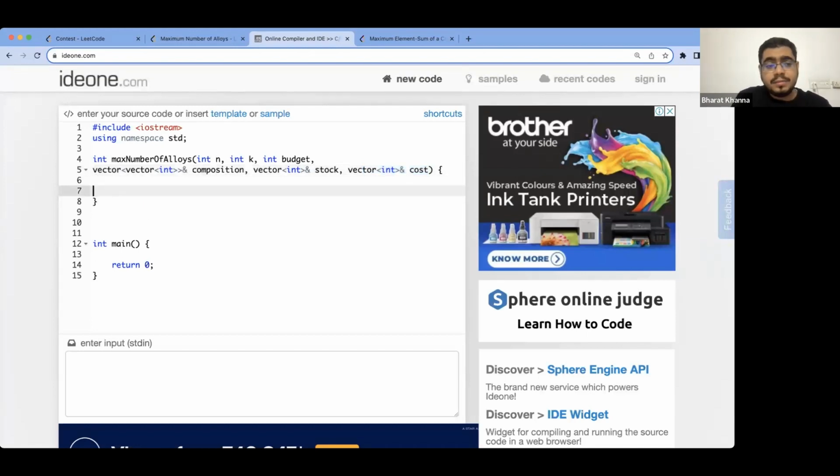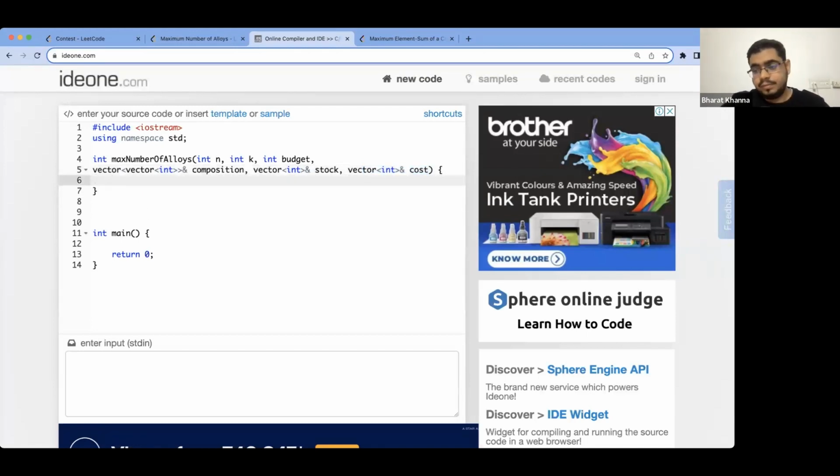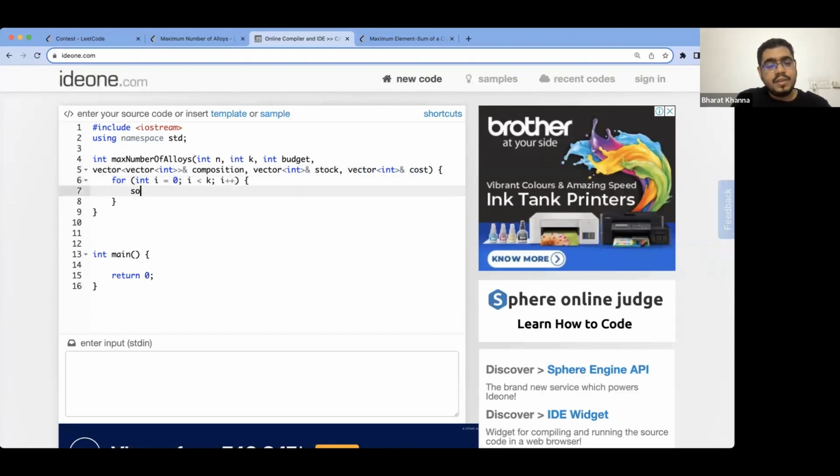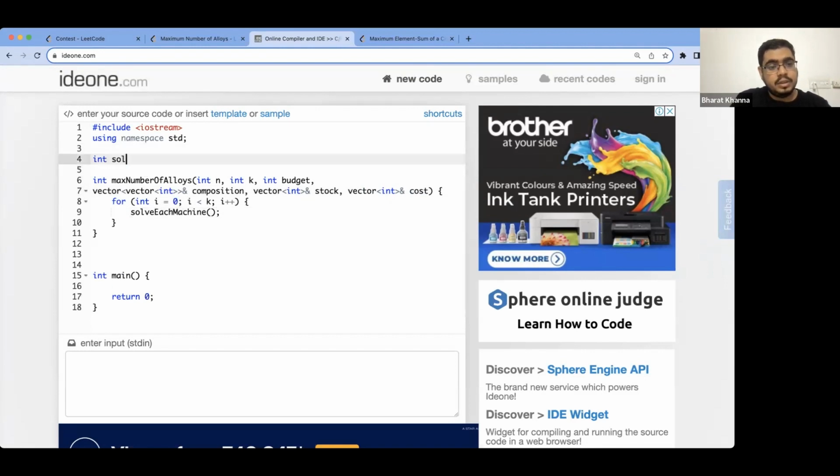How many machines are there? K. So for int i equal to 0, let's start with the 0th machine, we have K machines, i plus plus. And then we can call a function, probably solve for each machine. So let's create a function, solve each machine.